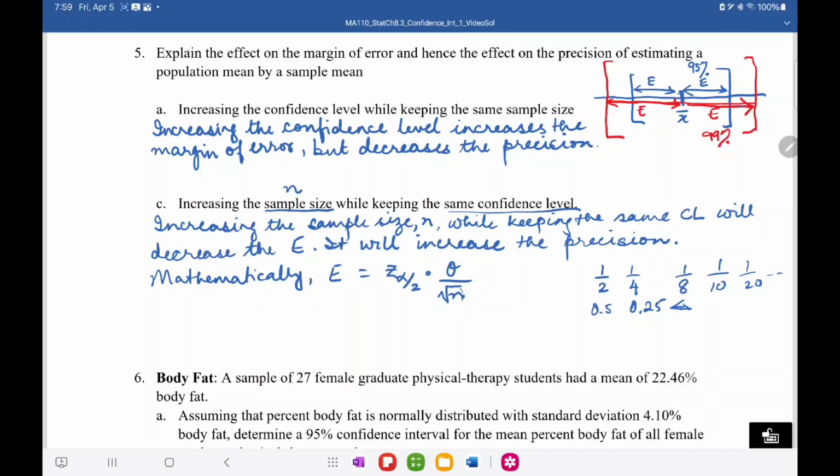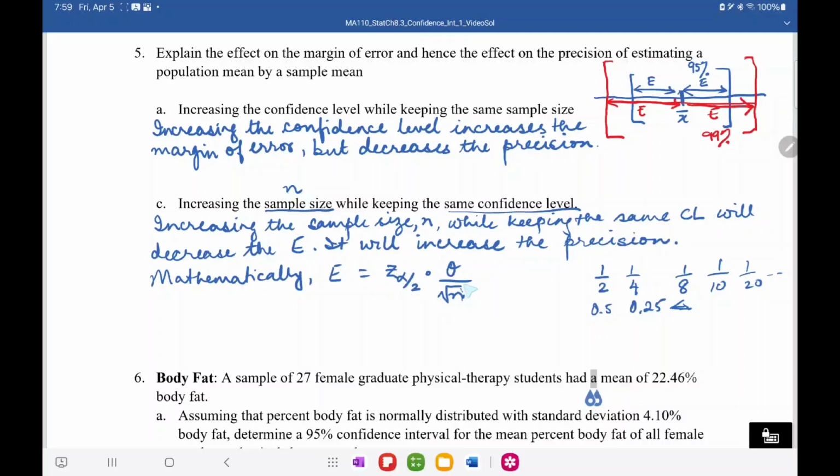So as we increase the denominator, n in this case, to a higher value, then this quotient is going to become smaller, which is going to make the margin of error smaller as well. All right, so that's how the margin of error gets smaller when we increase the sample size, because the sample size is being used in the denominator of this equation.